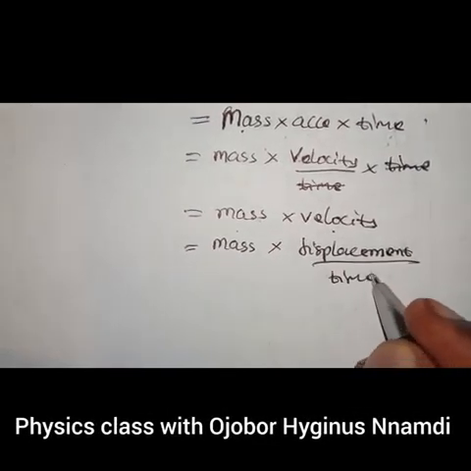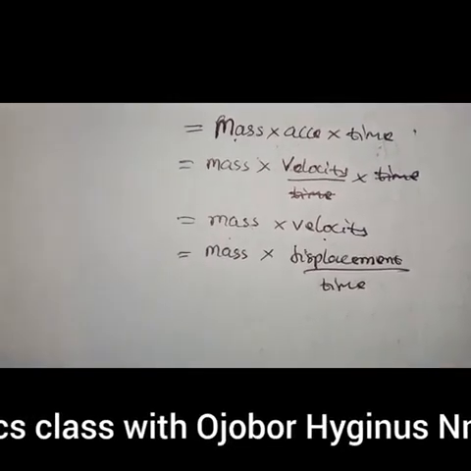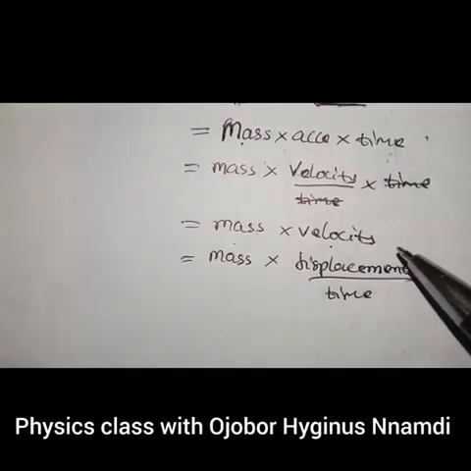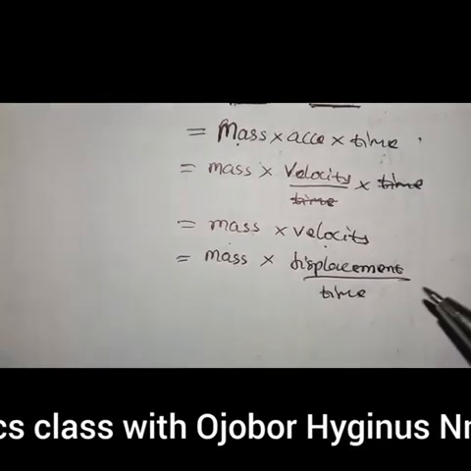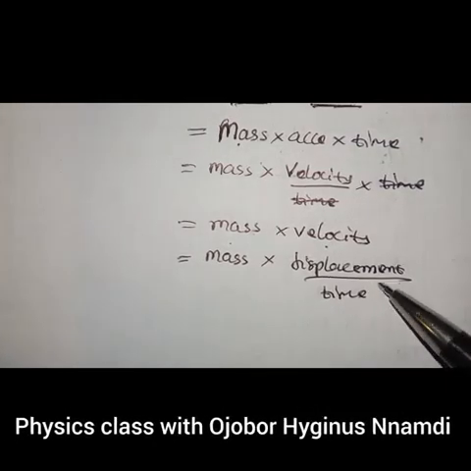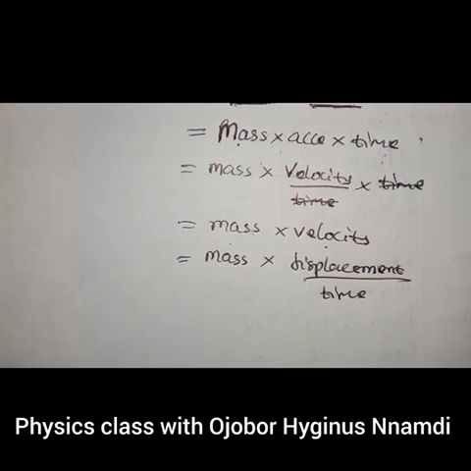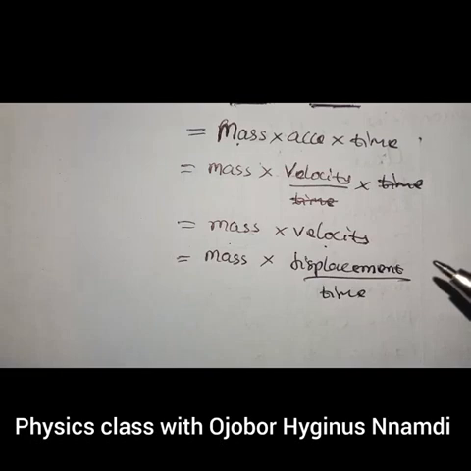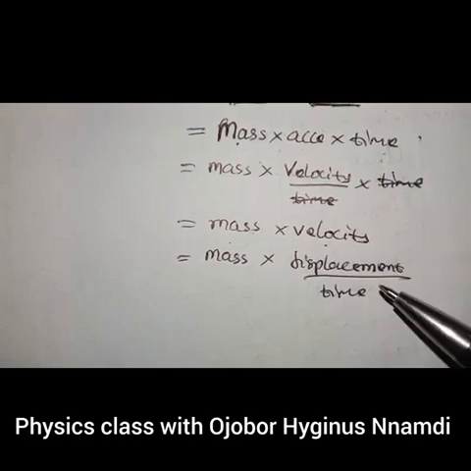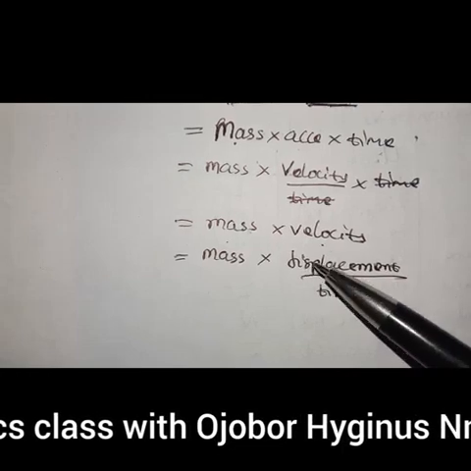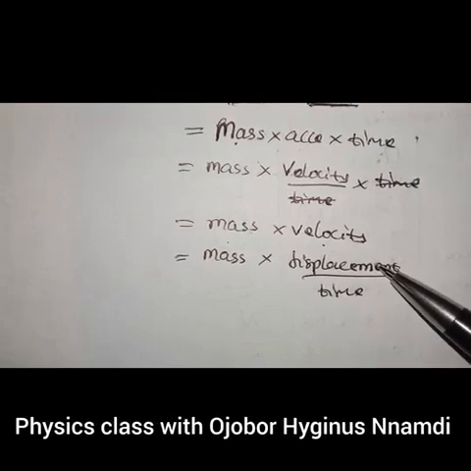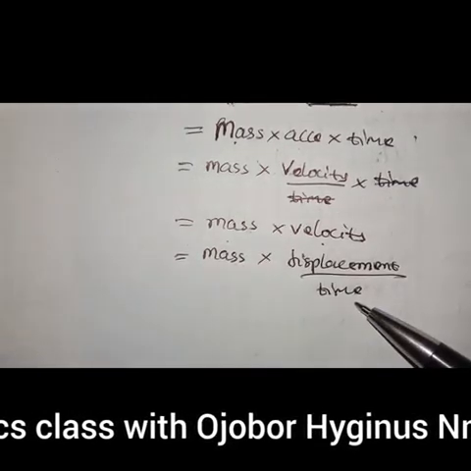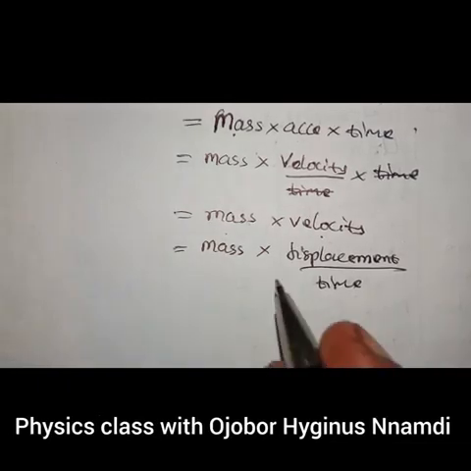Some of these quantities will have similar ones, because something like displacement, you might say it is not in the fundamental quantity, but it is there, because length can actually be called displacement, it can be called distance, height, breadth, or width, depending on where you are using it. So here it is displacement, this is also length. So it means that this is in the fundamental quantity, mass is in the fundamental quantity, and time also is in the fundamental quantity. So this is complete.